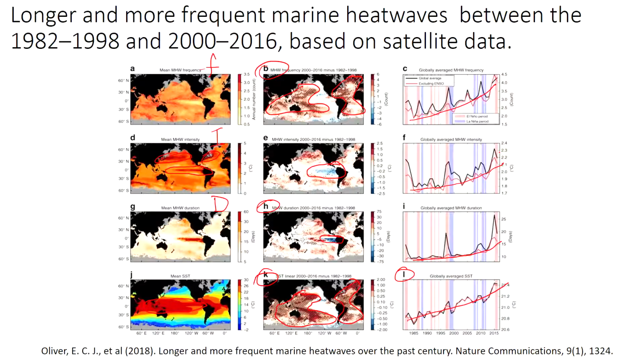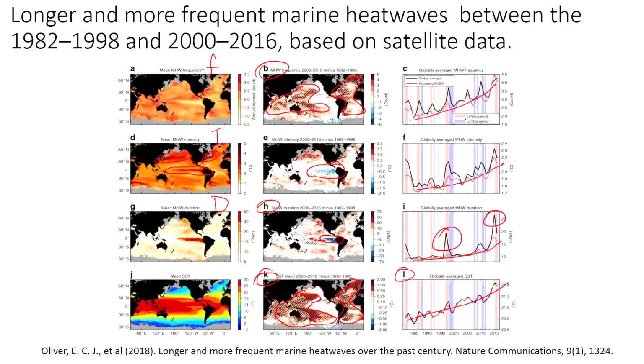If we look at some of these years with more extreme events, these peaks, so these are in 1997, 98, and 2016, we had particularly long heat waves that are associated with El Nino periods.